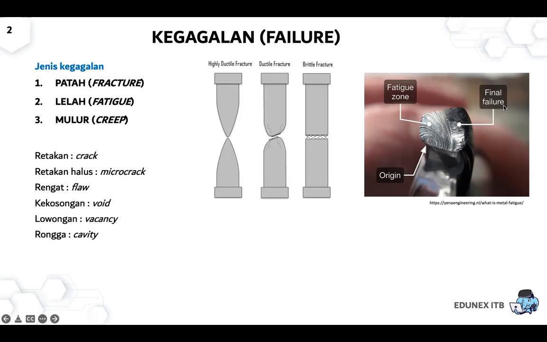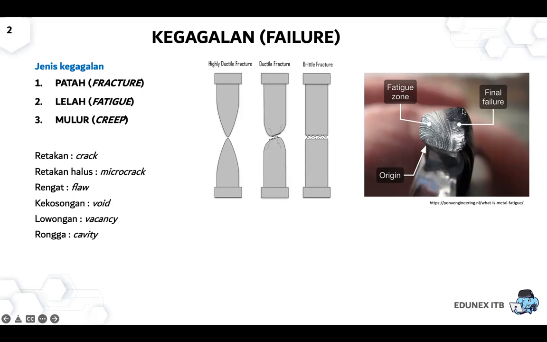Before this we will also learn some terms. The first one is a crack, or retakan. A crack is slightly a failure that can be inside the metal or on the surface of the metal.